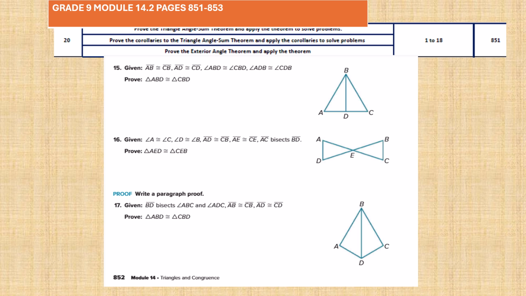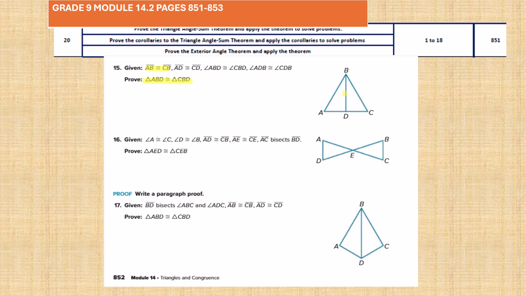Looking at number 15 to 17, once again, as I said, important, see what is given. Always start with what is given. Highlight what is given to you and check what do you have to prove. As I always say, you have two triangles.